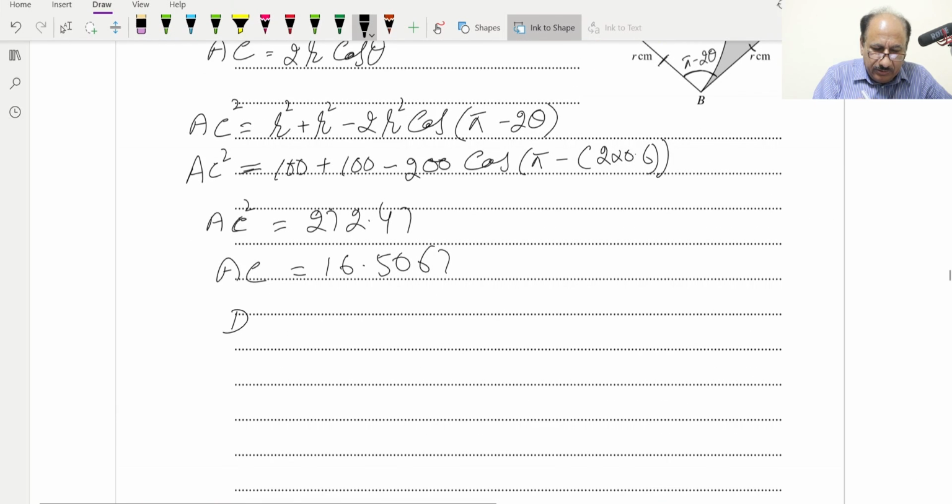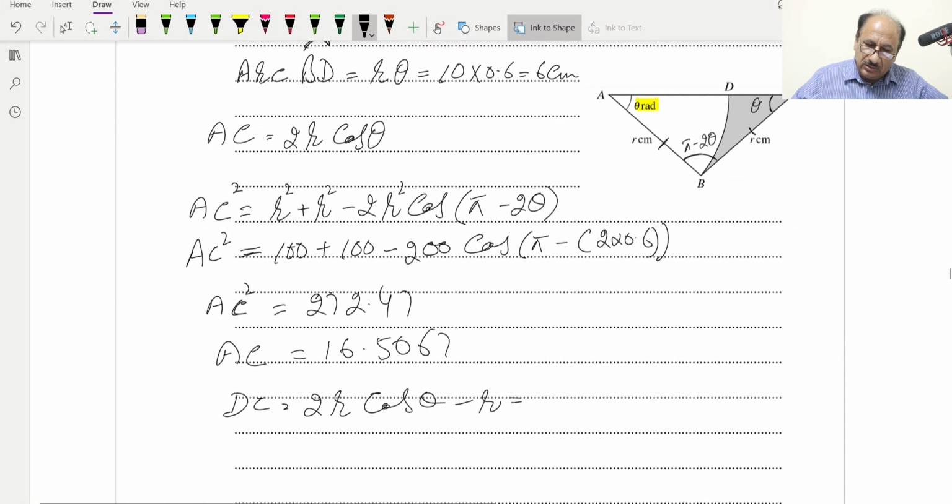This will be 2r cos of theta, the total length AC, minus r, because this side AD is basically r, so AD will be subtracted.